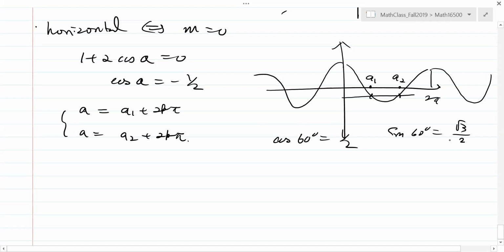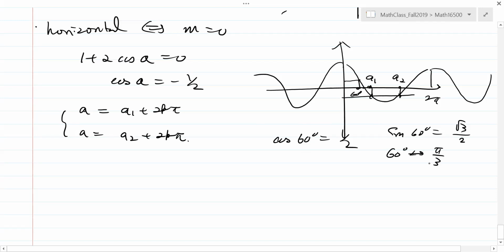I think if I draw it correctly, I can solve the problem. Look at this. So that's 60 degrees, right? By the symmetry, this point is pi, and 60 degrees is equivalent to pi over 3.